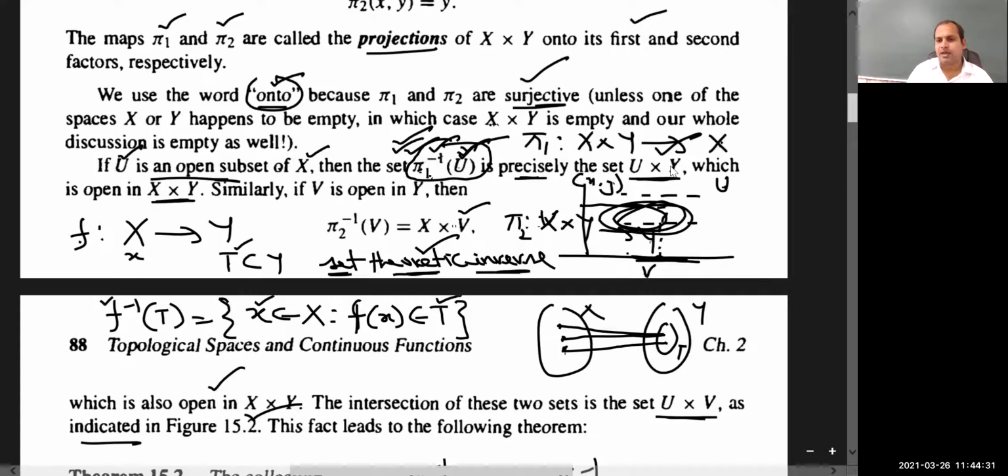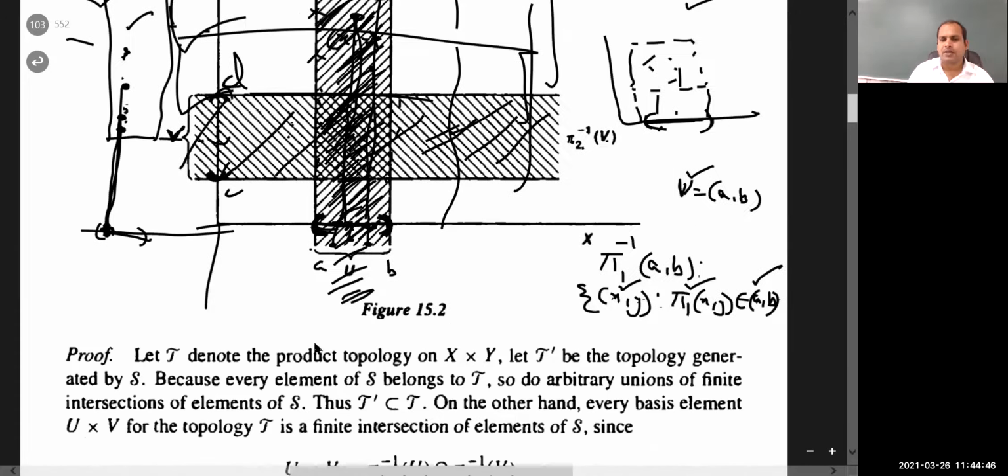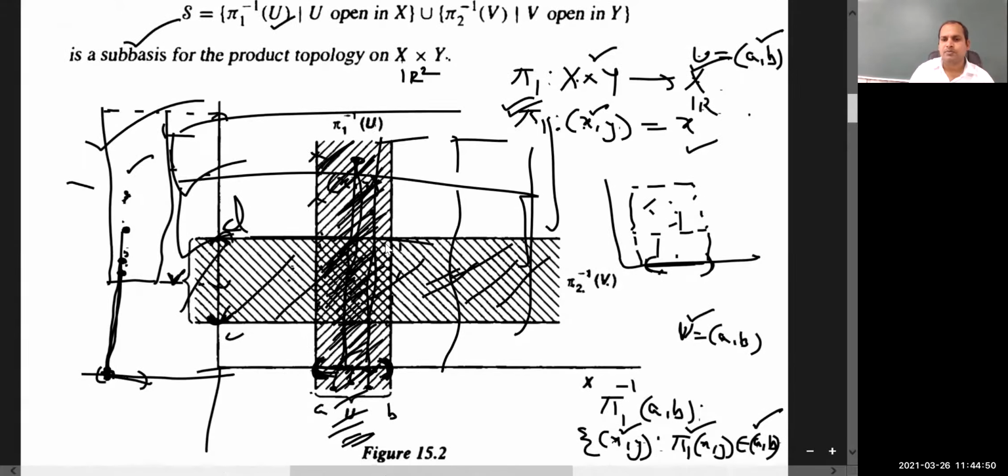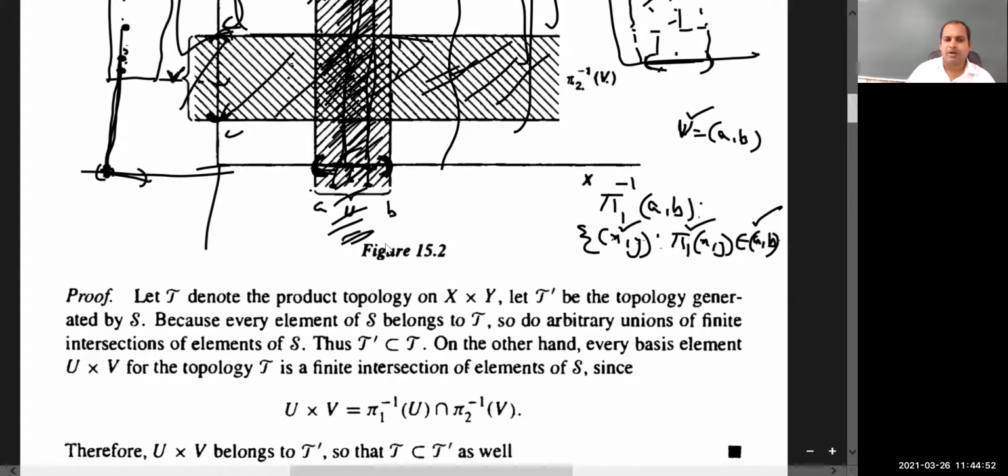So Y is already there, and we have taken U as open in X. So by definition, their Cartesian product is going to be open in X cross Y. Now pi 1 inverse of U is this one, U cross Y, that I have depicted here. If this is your U, then pi 1 inverse of U is equal to U cross Y.